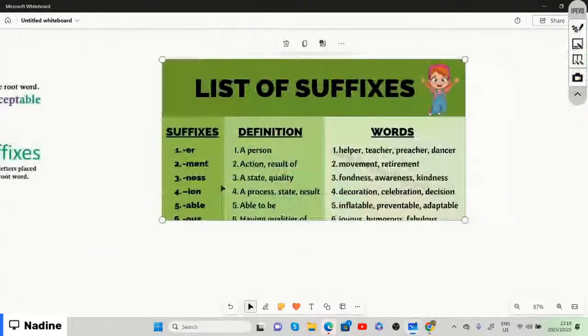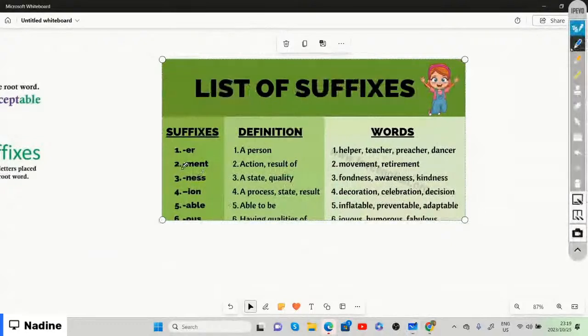So if we look at the list of suffixes, and if we specifically look at the word ment, the definition of ment is the action or the result of, right? The result of doing something. And there we have an example, which is movement. It is the result or the action of moving. You are moving, there's movement happening.